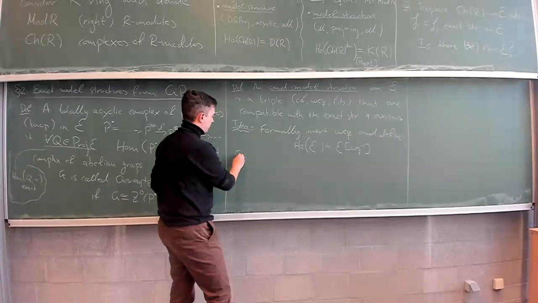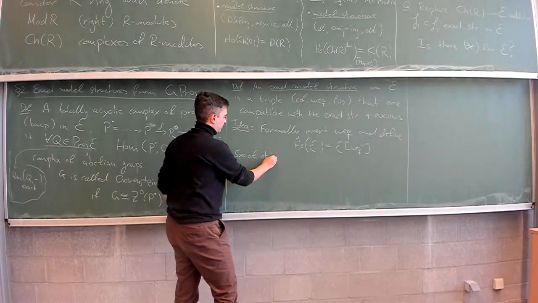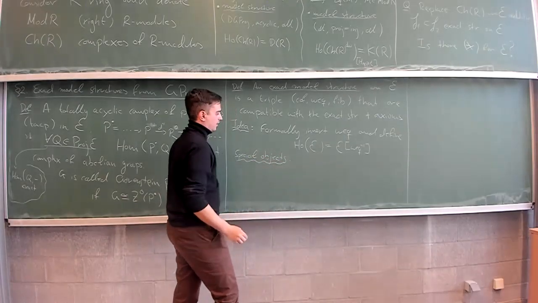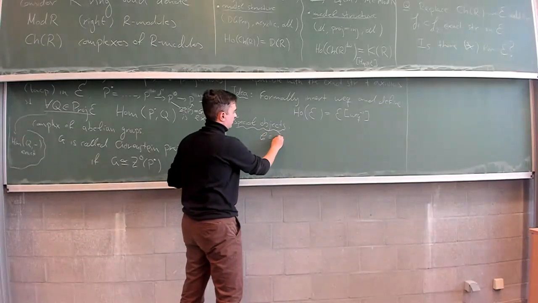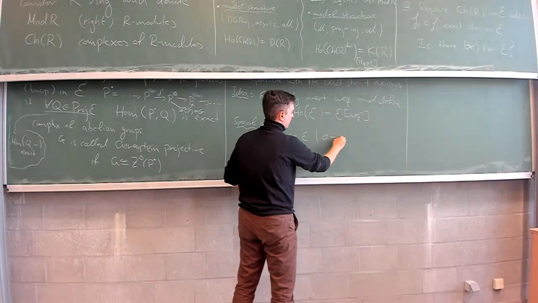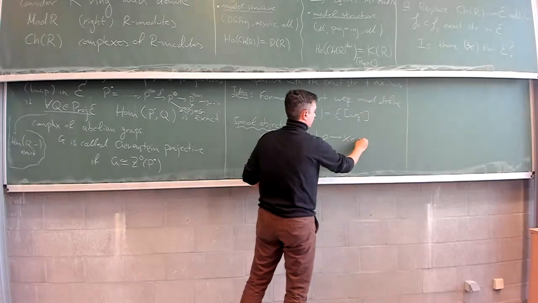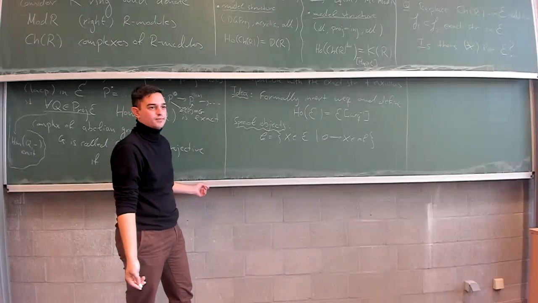In model categories, we have some special objects. And I'm going to define these classes as C, which are all the objects X in E such that the map from the 0 object to X is a cofibration, and I'm going to call these objects cofibrant.